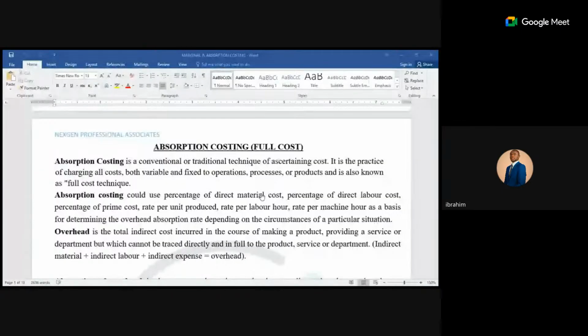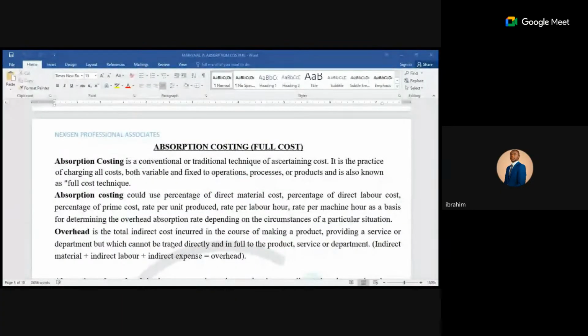Now, absorption costing is a costing technique. You can call it a conventional or traditional technique that charges all costs, both variable costs and fixed costs, into a particular production class.